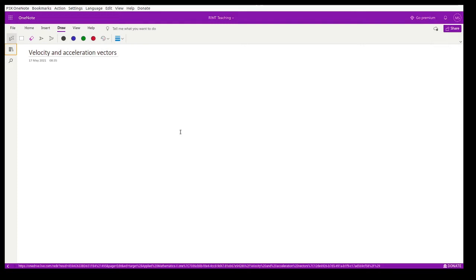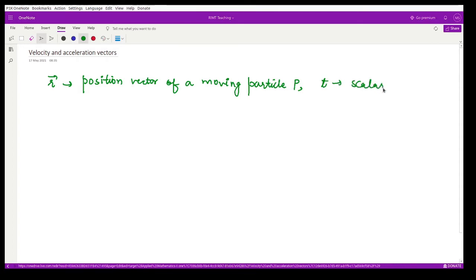If the vector r represents the position vector of a moving particle p, and t represents the scalar time, so it does not have any direction, then the velocity is defined to be the vector v, which is equal to the first derivative of the position vector with respect to time. So this is the velocity.